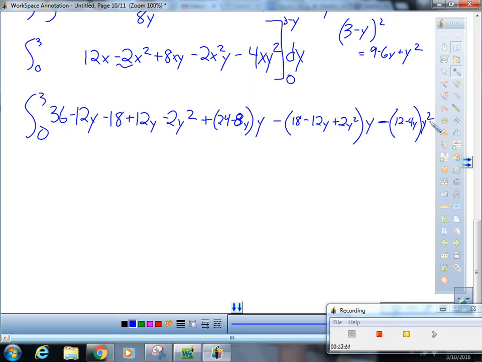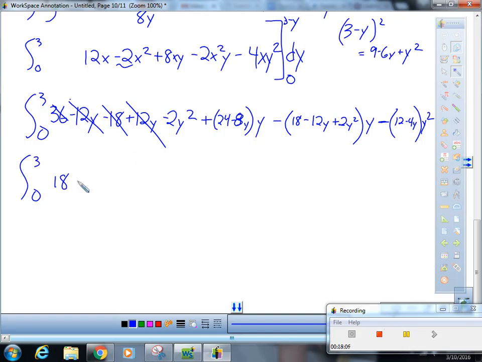So it's the integral from 0 to 3. Okay, these will cancel. 36 minus 18 is 18. So these are gone. And then I'm going to write everything else out.